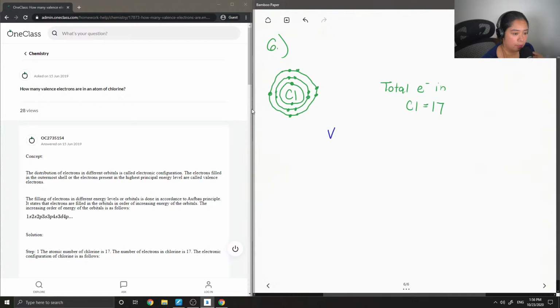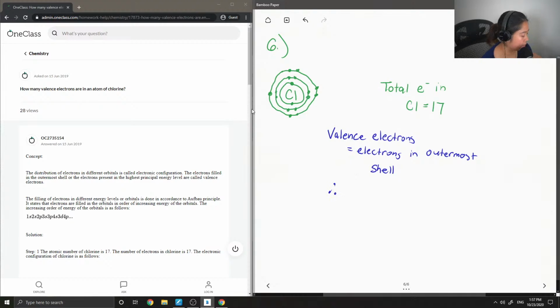And then when we say valence electrons, they are the electrons in the outermost shell.